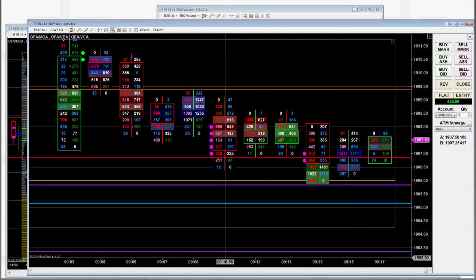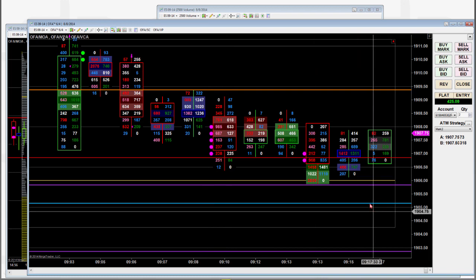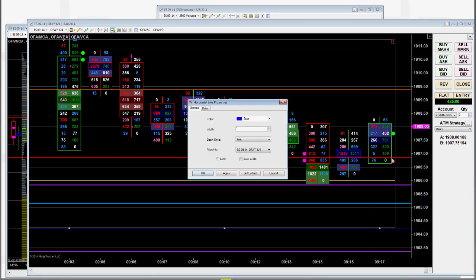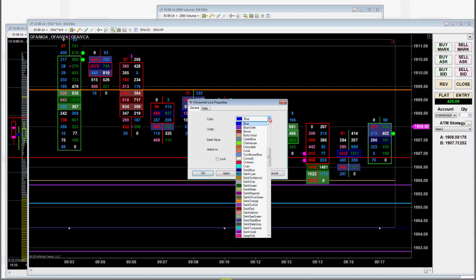So for right now, the bottom of this initial balance, and we're not done. We've got another 12 minutes before the IB, the first hour of trading, is over. The bottom of IB is 04.25. So at this point, with 12 minutes left in the IB, and with as much activity happening around this low volume area, I would just wait.